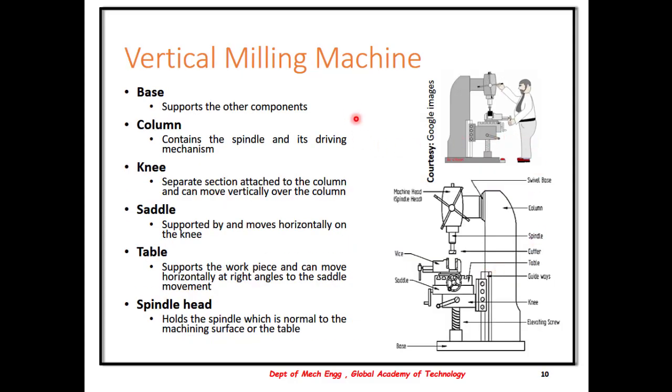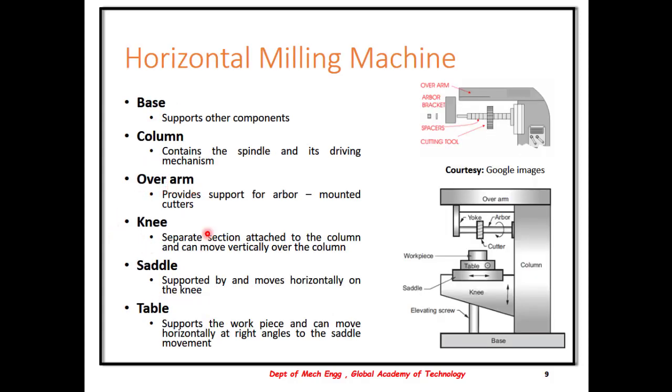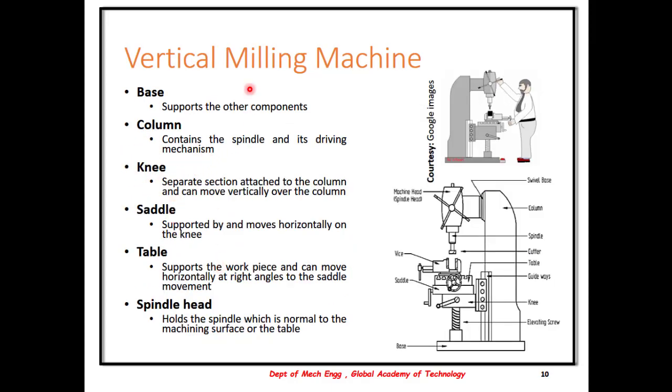Whereas in case of a vertical milling machine, the components are all the same as those of the horizontal milling machine, except that in a horizontal milling machine there is an overarm, whereas in a vertical machine it is a spindle head. The spindle head holds the spindle which is normal to the machining surface.